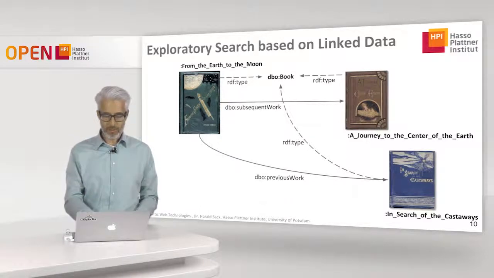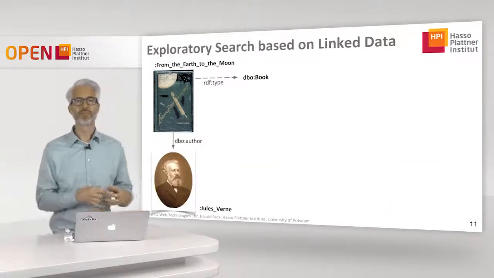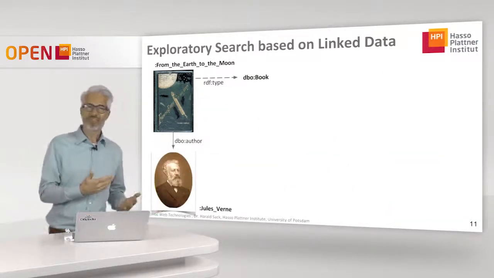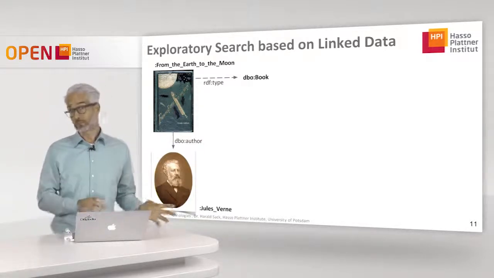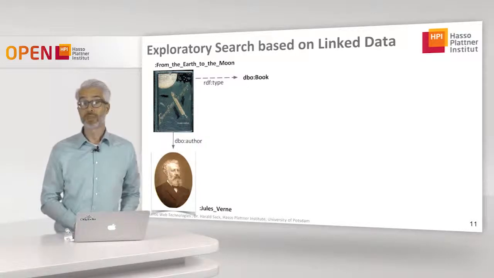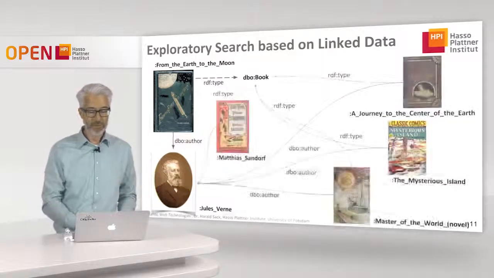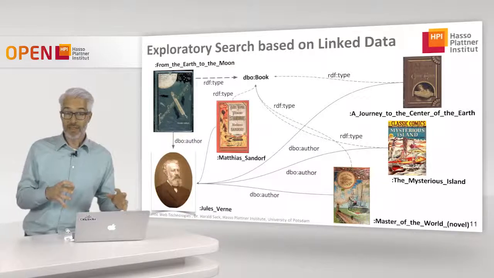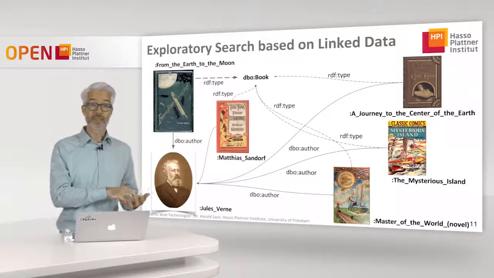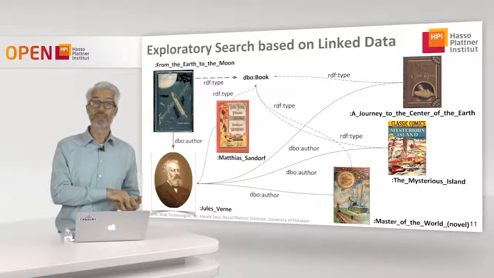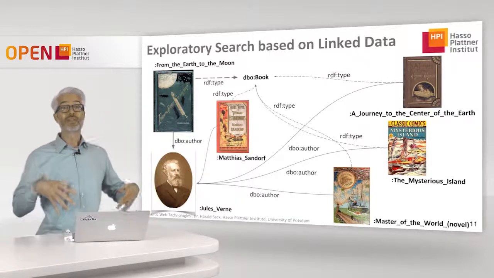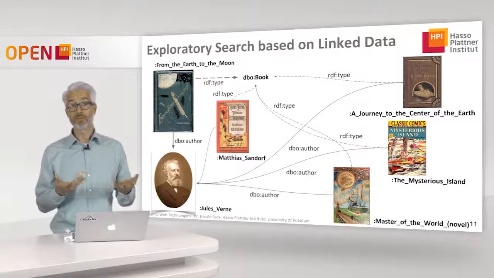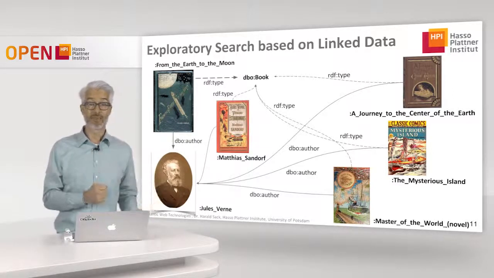Okay, next thing what we could look for our book, for example, would be, let's look at the author of the book. And then, of course, we could say, there are for sure several other books that have been written by that author. So we are looking for other things that are also connected to this author in the same way like our original item, and that are of the same type. So we are also looking for books of the same author.